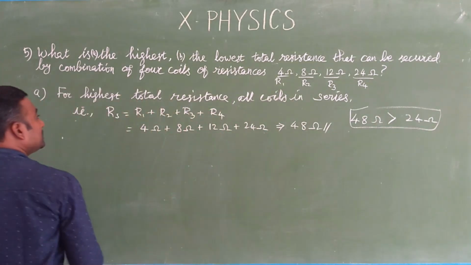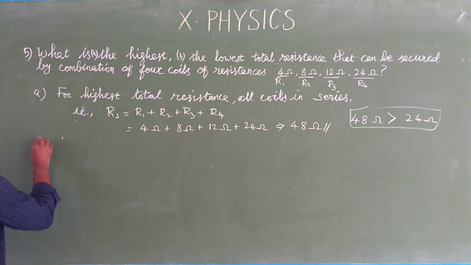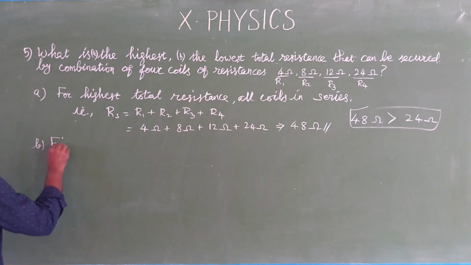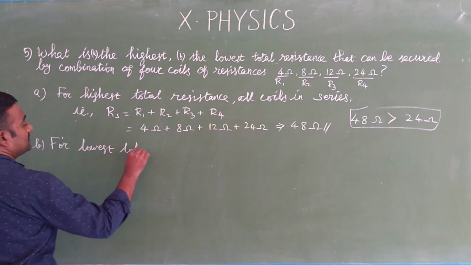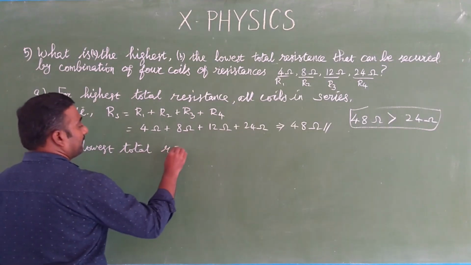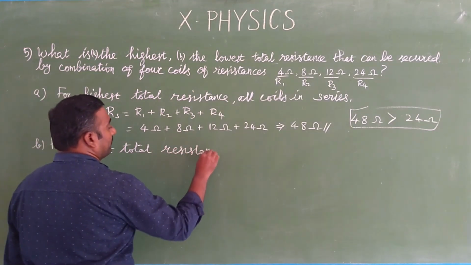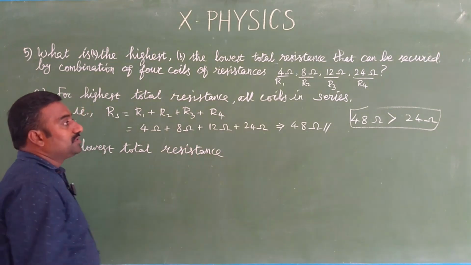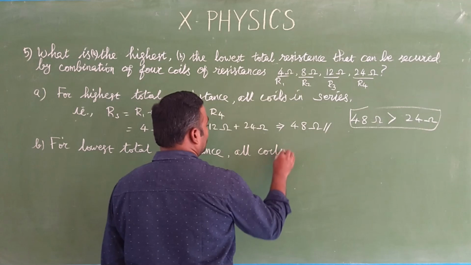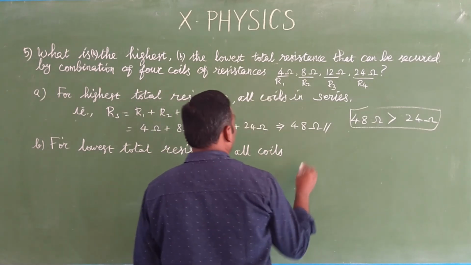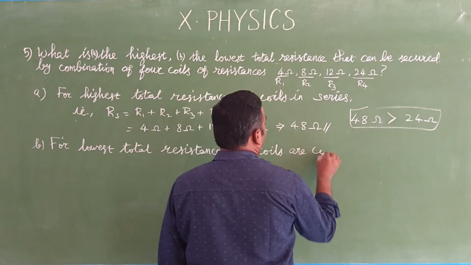Similarly, to get the lowest total resistance, all the coils are connected in parallel.